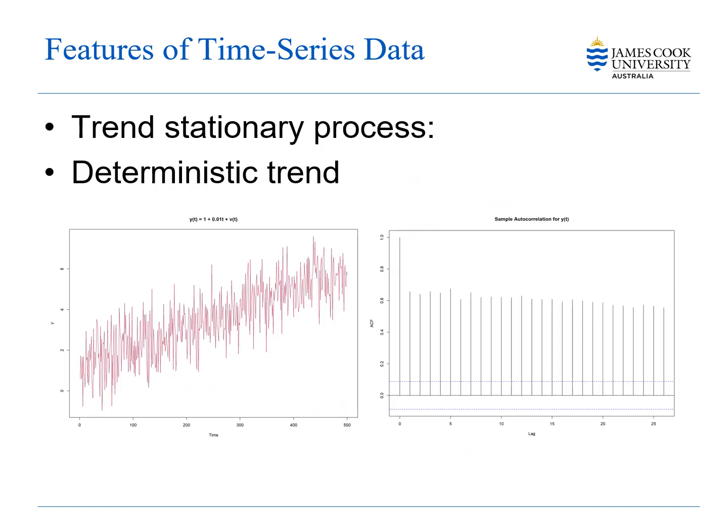Okay, let's look at this process. yt is equal to 1 plus 0.01 t plus vt, where vt is standard normally distributed. So now we have this term 0.01 times t.